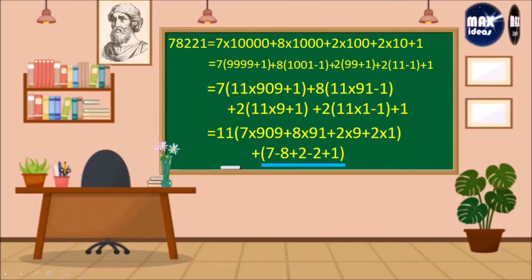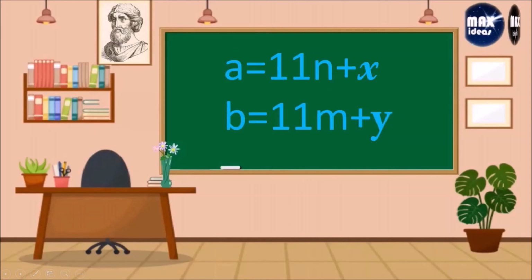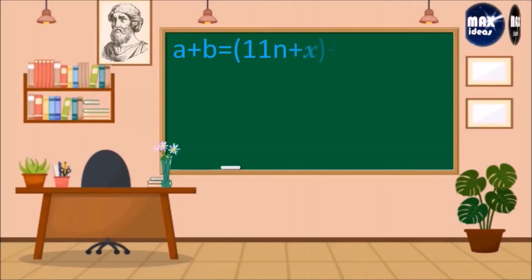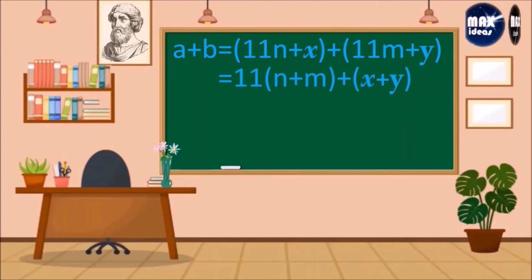Now we have to find the reason for this. Just like previously mentioned, we can take the integers a and b in this type also. A equals 11m plus x. B equals 11n plus y. Look how they get added and multiplied. A plus b equals 11m plus x plus 11n plus y equals 11 times m plus n plus x plus y.